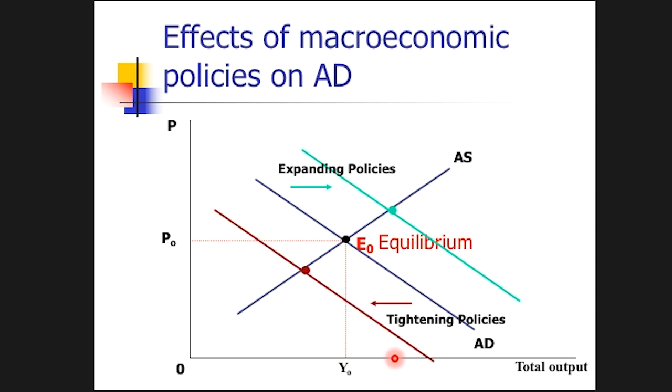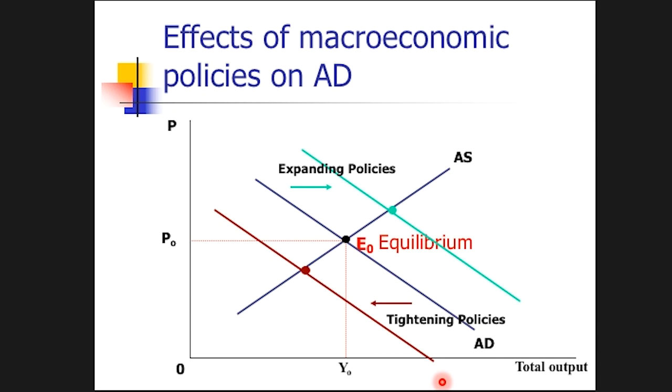And if we use the tightening or contractionary policy, meaning the contractionary monetary policy and contractionary fiscal policy, it will shift AD to the left. And finally, we have lower price and also lower output. This is the result for the policy in stabilizing the economy using the ASAD model.